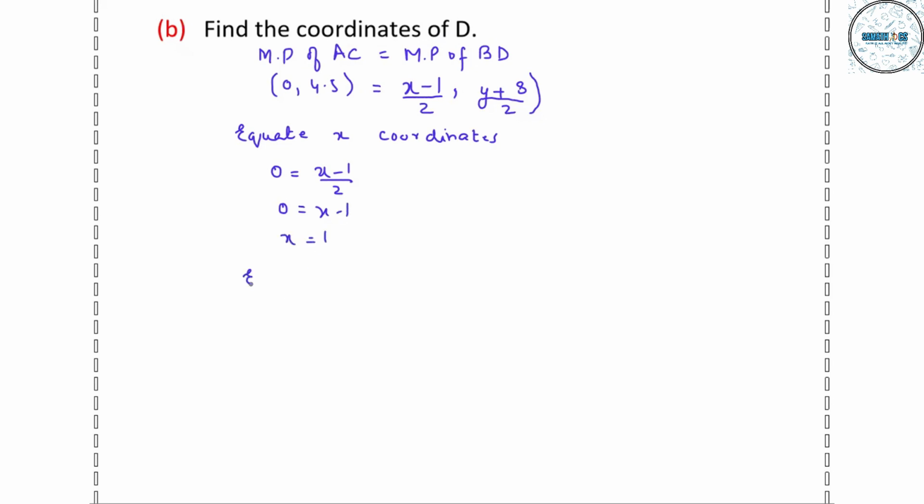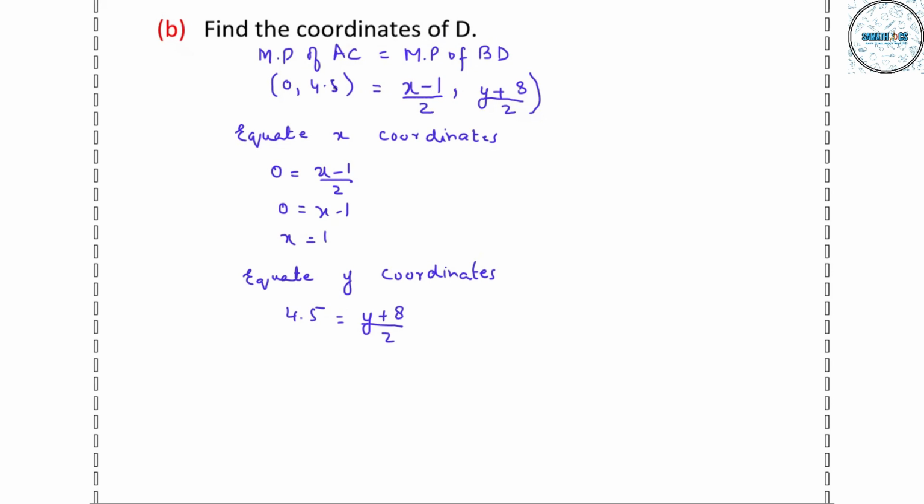Then we will equate Y coordinates. 4.5 is equal to (Y plus 8) upon 2. This is the coordinate of X, and here (X minus 1) upon 2.